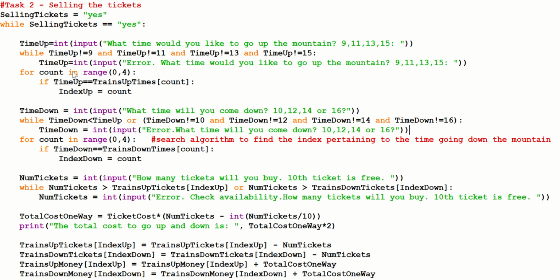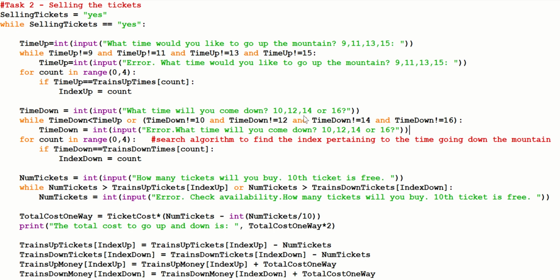So if it's not 9 and then goes into 11, if time up, which is the input, equals change up times 1, in this case count is 1, so yes, it does equal, so then index up would be equal to count, which is 1. And next do the same thing for time down.